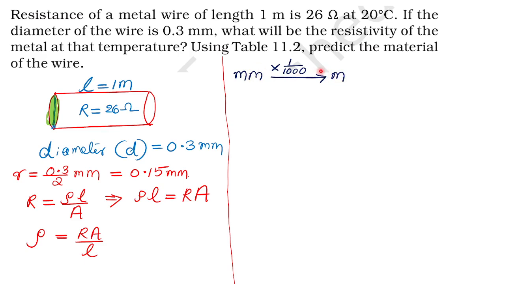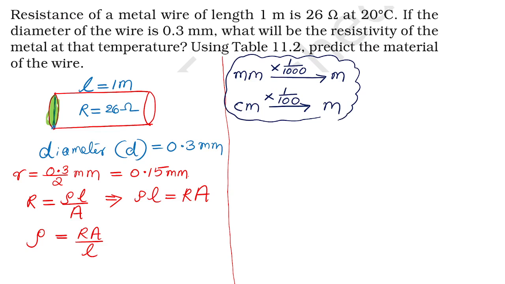Only millimeter to meter, centimeter to meter. If you want to convert centimeter to meter, multiply with 1 by 100. Please note it: millimeter to meter, multiply with 1 by 1000. Centimeter to meter, multiply with 1 by 100.